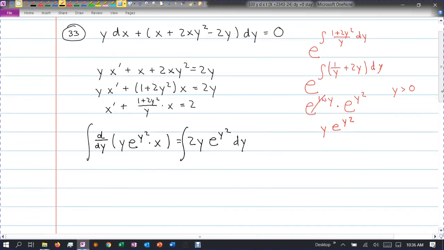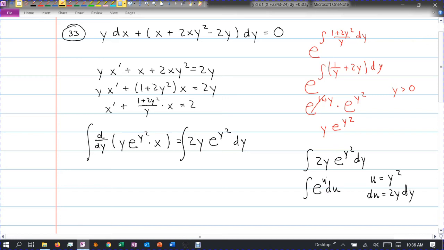Fortunately for us, this integral is straightforward because of the y squared in the exponent, we can just do a basic u sub. U is y squared. Derivative of that is 2y dy. So this is just e to the u du, and the antiderivative of that is just e to the u plus c. But u is y squared. So my right-hand side should just be e to the y squared plus some constant.